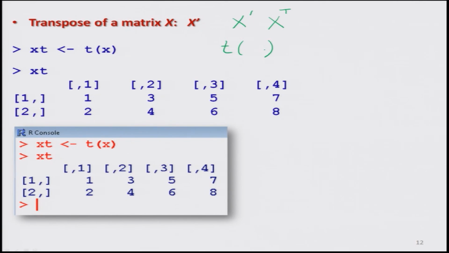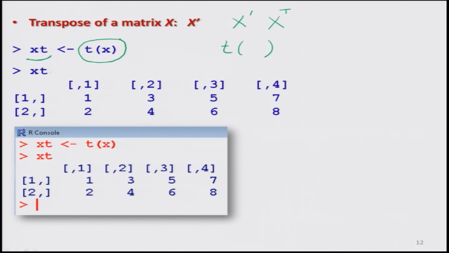For example, here I have defined a matrix X, and I would like to find the transpose of X. So, I write t(X), with the variable name X inside the bracket, and I store this transpose of X in another variable, say Xt. I am doing this so that we can use it later on also.